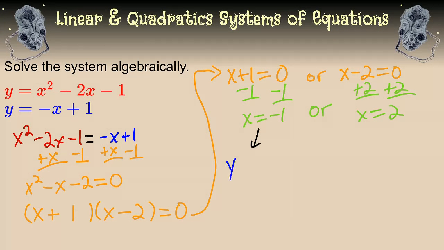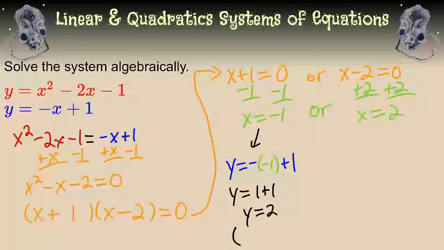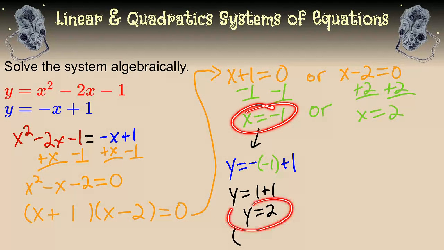So I have y is equal to negative x plus 1, which is -1 plus 1... that's going to be y is equal to 1 plus 1. So y is equal to 2. And here, then, our solution is x is -1, y is 2.